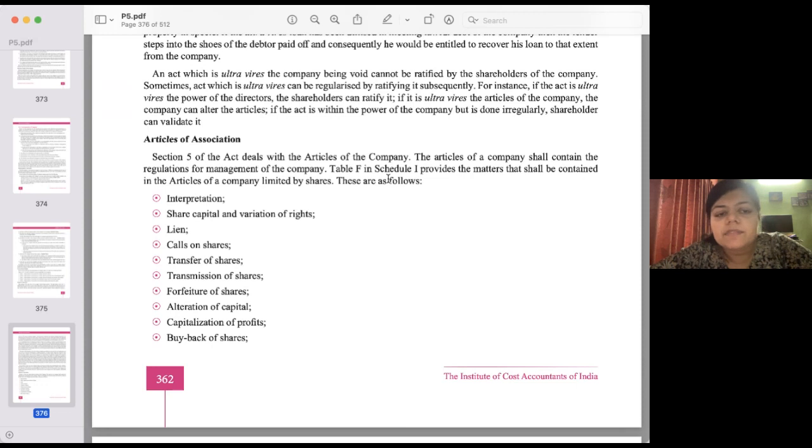For a simple example, say there was a company which wanted to make malaria medicines. You saw the objects of the company, and you found it very altruistic, so you wanted to invest in the company because you believed in the ideals.